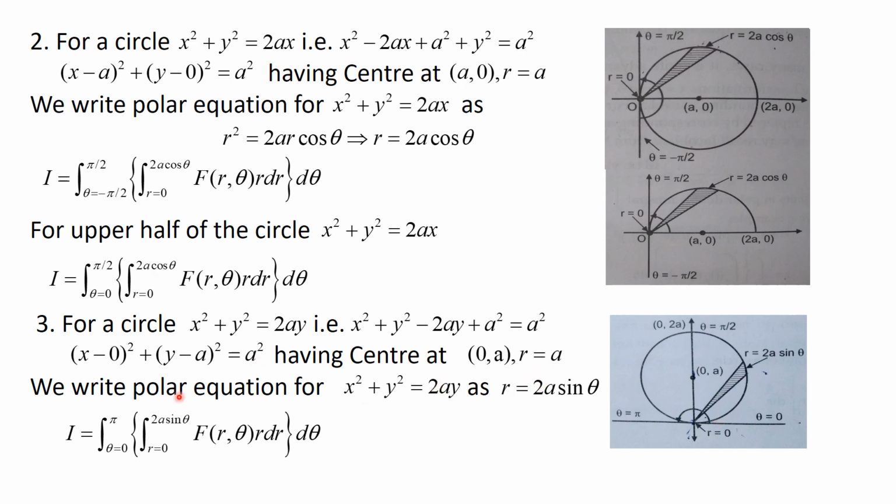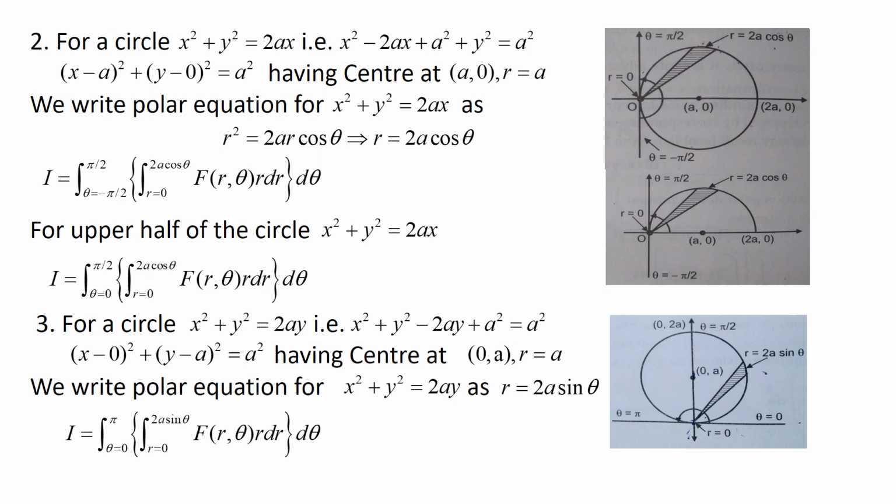So x square plus y square equal to 2ay represents a circle which is above the x axis, passing through the origin or r equal to 0, and the center is 0 comma a.